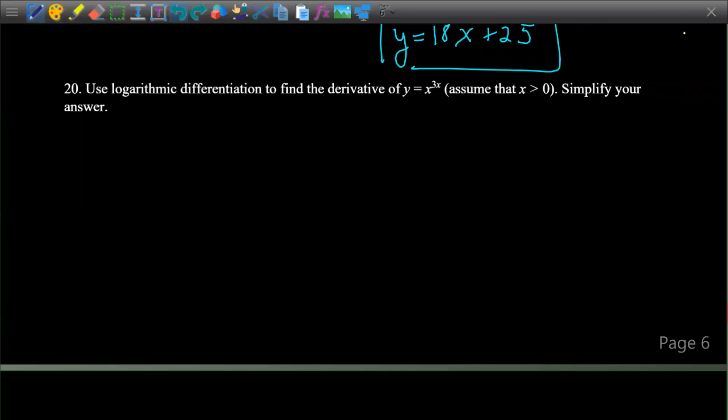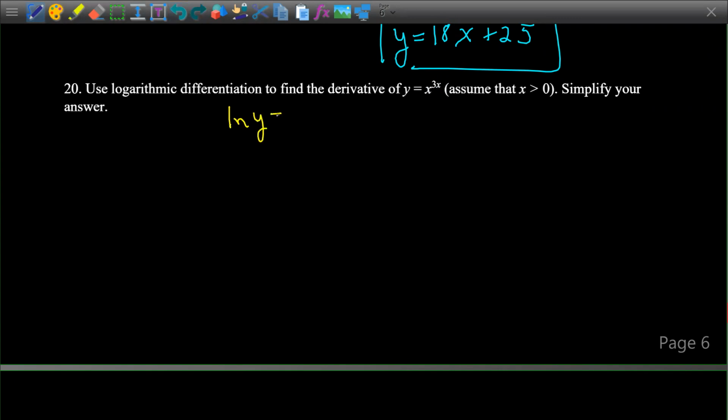Okay, number 20, use logarithmic differentiation to find the derivative of the function that's given there, assuming that x is greater than 0. And this technique is good when you have your variable in the exponent. And we're going to take the log of both sides.